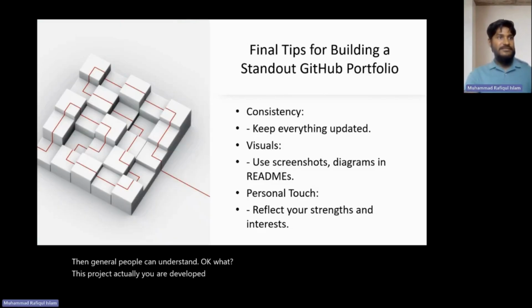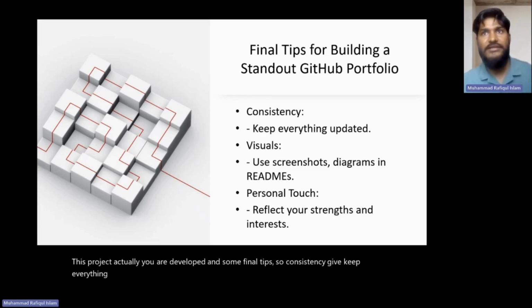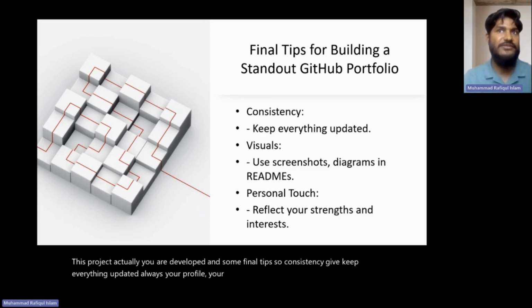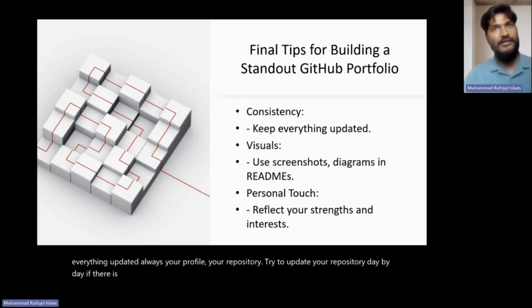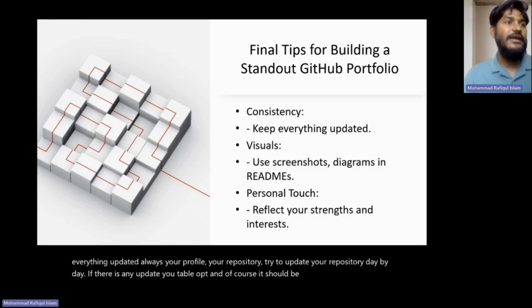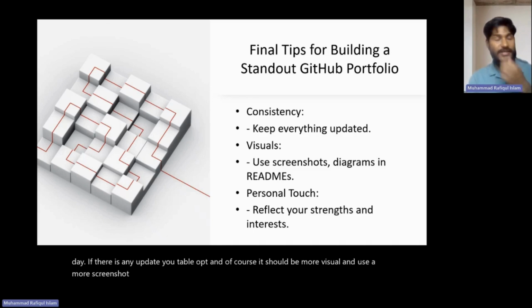And some final tips. Consistency: keep everything updated, your profile and your repositories, and try to update your repository day by day if there is any update you developed. And it should be more visual, so use more screenshots and diagrams in your README if your project needs it.